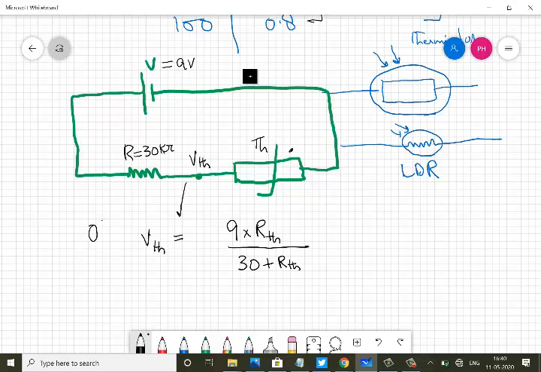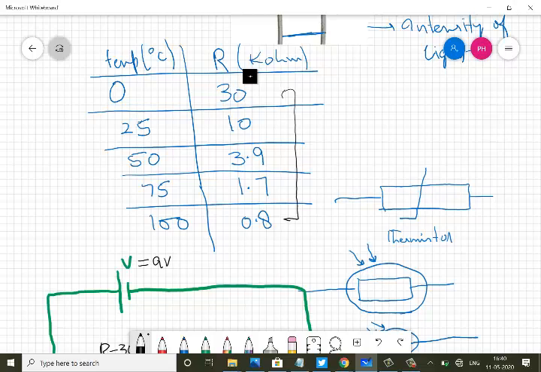Let's assume that the resistance is only in ohms. We have a thermistor whose resistance changes like this.